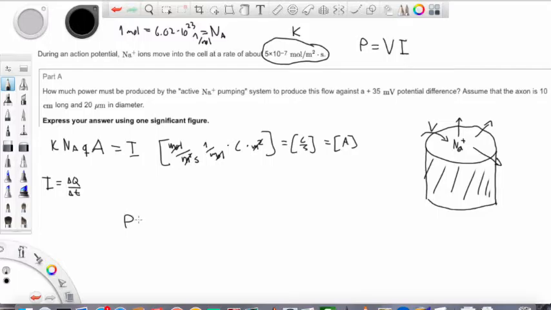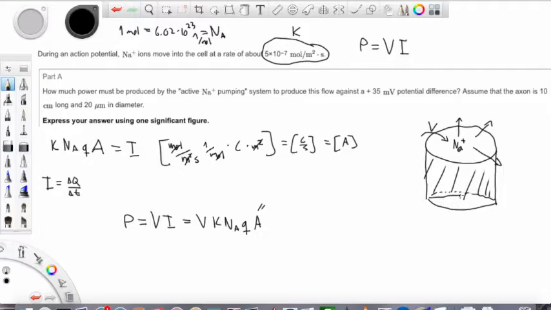Now we are ready to calculate the required power. So it's going to be the voltage times the current, so current comes from here. K times NA times Q times A is I. And what is this? This is the surface area of this cylinder.